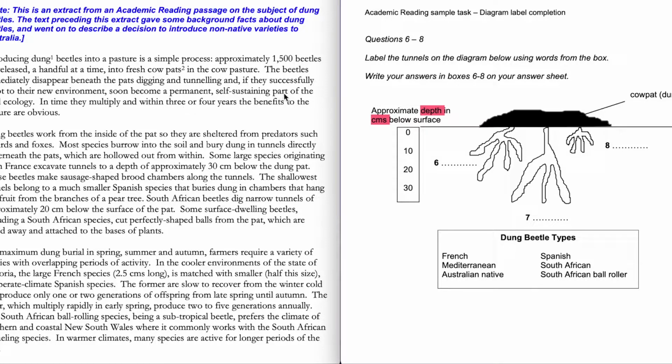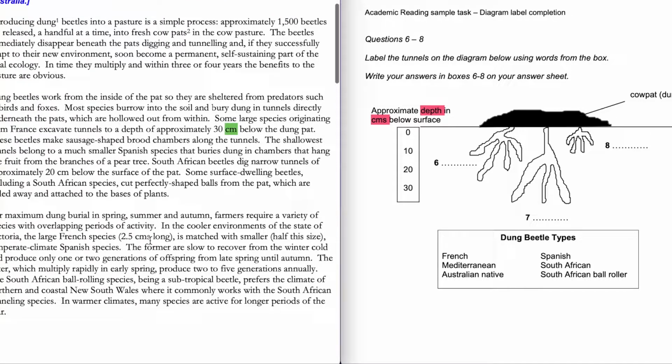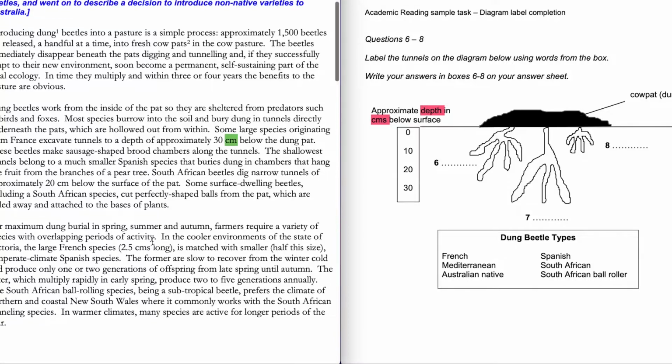So we can just see here in the second paragraph some information about centimeters and highlight it, and the whole paragraph contains information about centimeters, and the last paragraph as well. So first of all we are gonna highlight this. Our keyword is dung with beetles work.